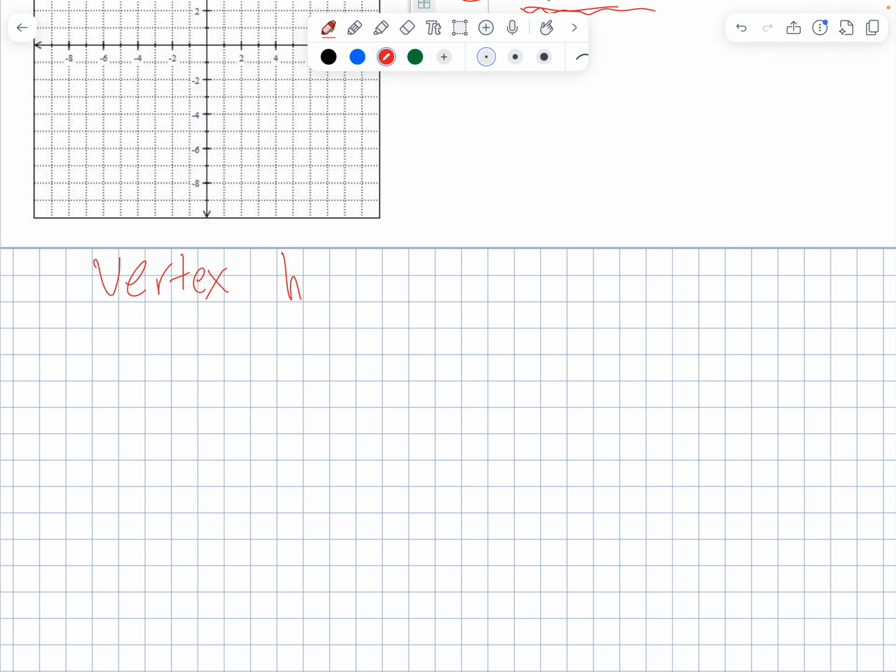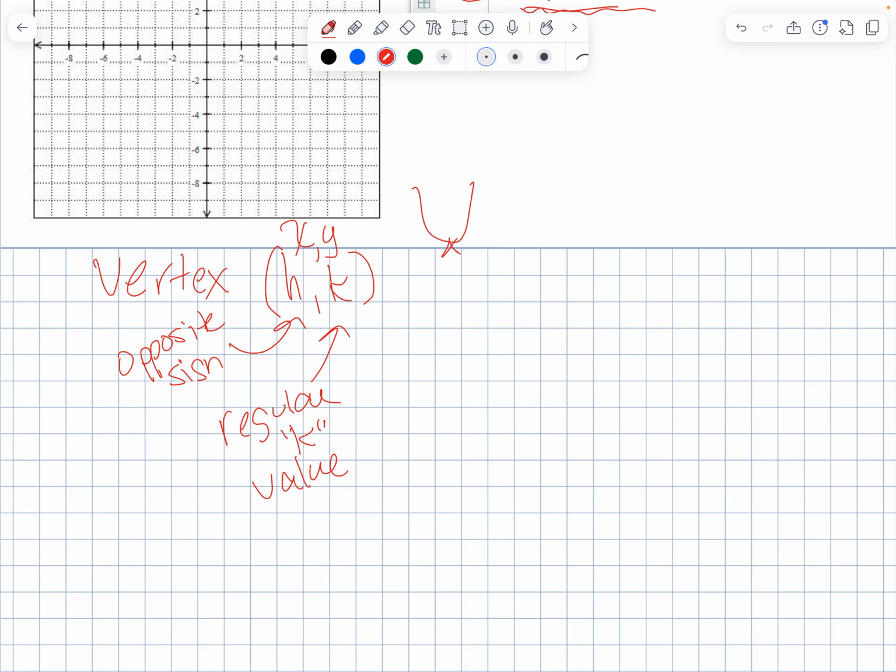So the vertex, because this is written in HK form, is always the opposite sign of H and regular K value. So vertex is an XY coordinate. It's a special place. So remember, that's just like your turning point here.